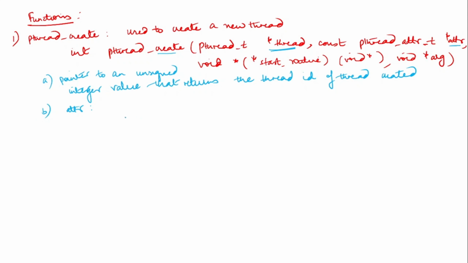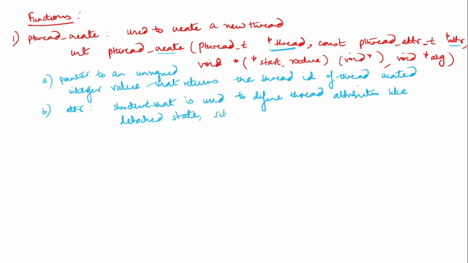Again this is also a pointer, but this is a pointer to the structure that is used to define the thread attributes like detached state, scheduling policy, etc. So this attribute is used to define the thread attributes like detach state, the scheduling policy, and many other things.